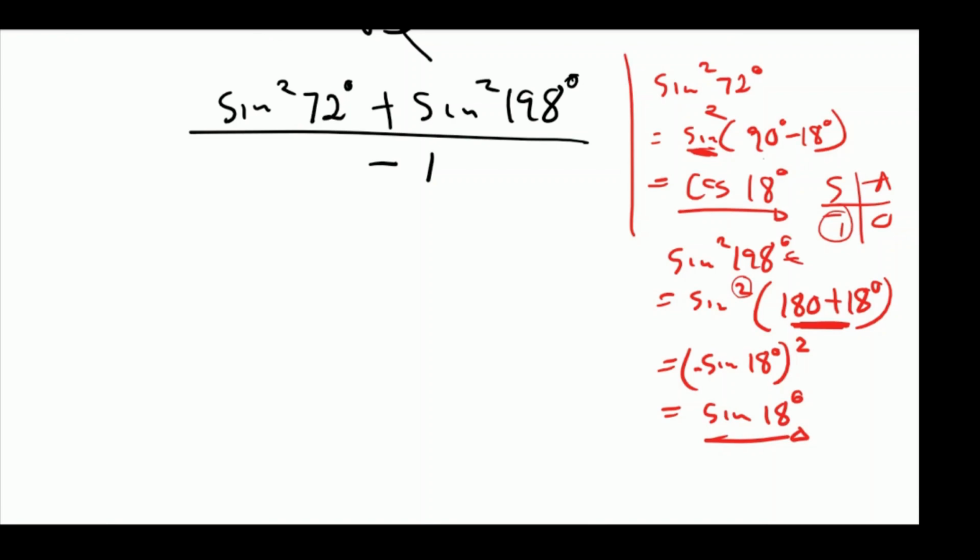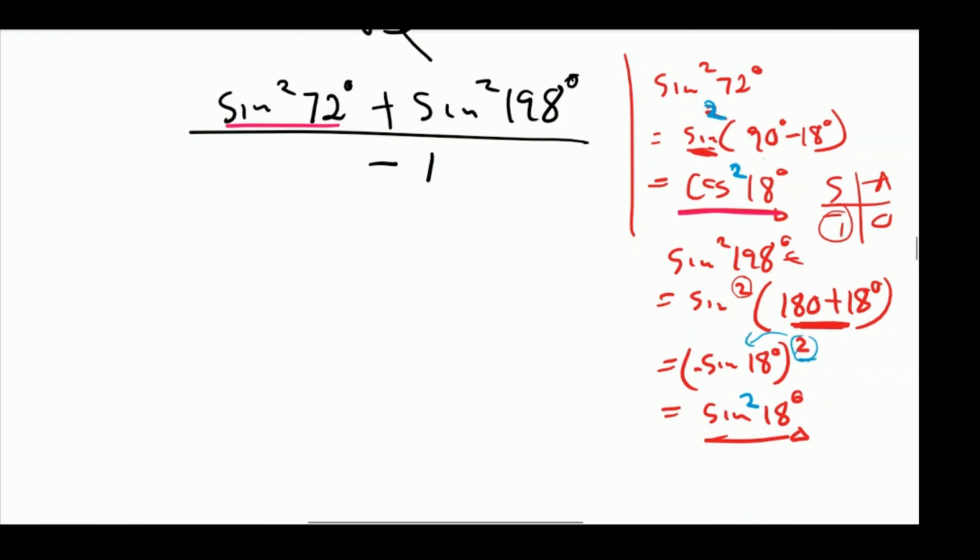So in place of this sine squared of 72, you're going to write cos of 18 degrees, but remember that it is squared. I forgot to put it, because the power outside will apply to any power it finds inside.